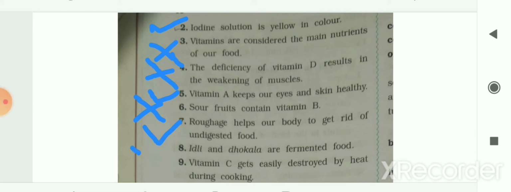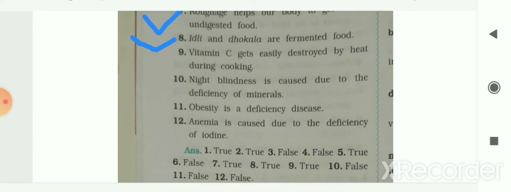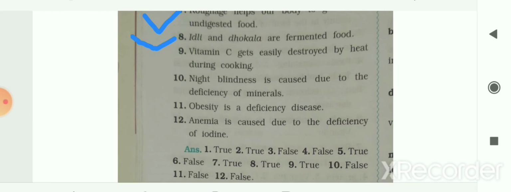So answer is true. The next is vitamin C gets easily destroyed by heat during cooking. So answer is true. Next is night blindness is caused due to the deficiency of minerals. So answer is false. It is caused due to the deficiency of vitamin A.